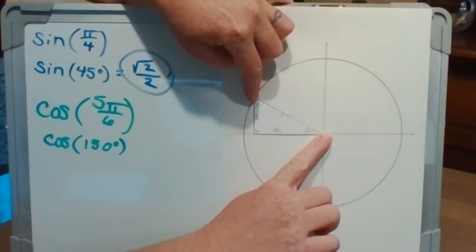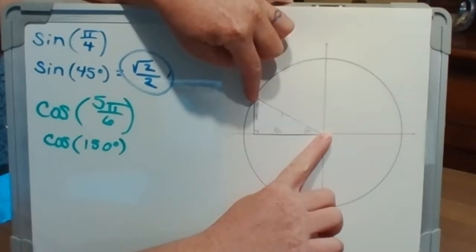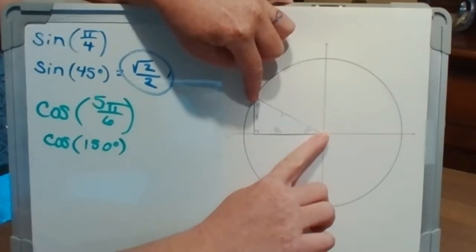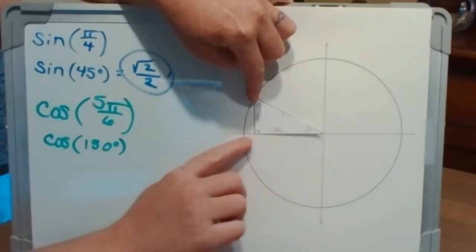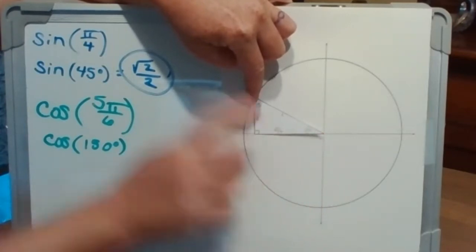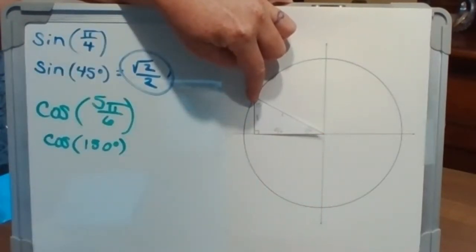Cosine is defined to be x over r, but again, r is 1, so cosine on the unit circle simplifies to be just x, which is this part of the triangle, and we have it labeled square root of 3 over 2.